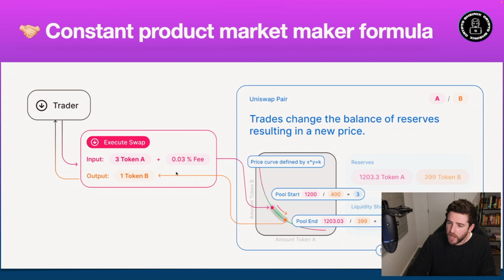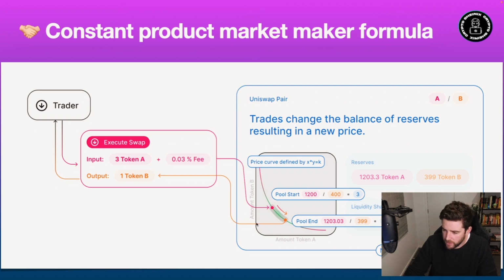As we saw, we have a trader who wants to execute a swap, right? He wants to exchange tokens A for tokens B. And then we have the pool here. The important thing to understand is that each trade changes the balance of the reserves, resulting in a new price.